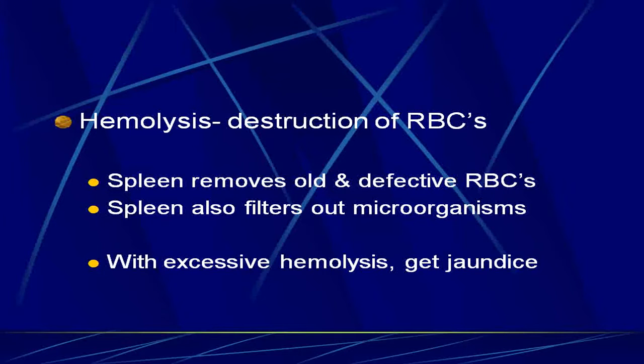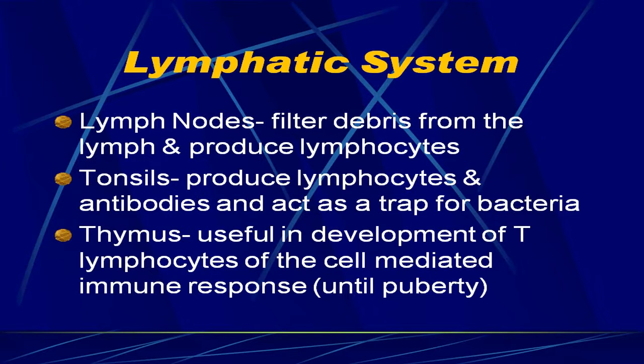What we have here is that the spleen is overdoing its job, and it's breaking open too many red blood cells, and so the components within that red blood cell spill out, and the person takes on this yellowish tinge or jaundice color, because too many red blood cells have become destroyed or hemolyzed.